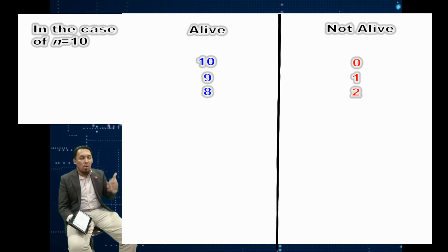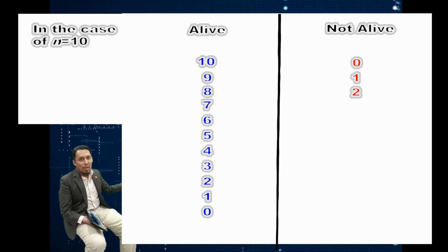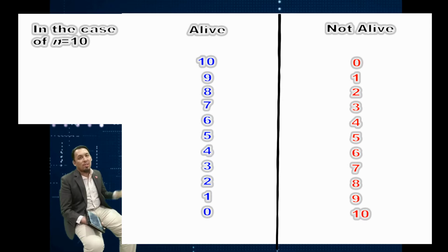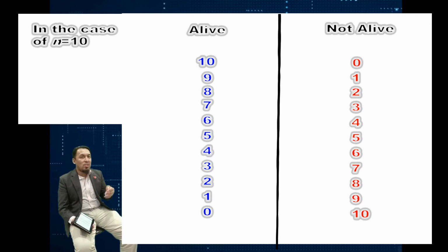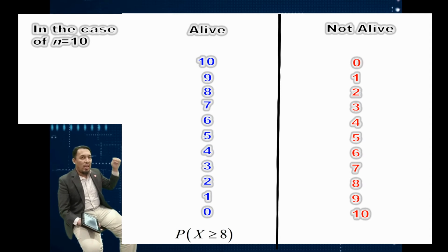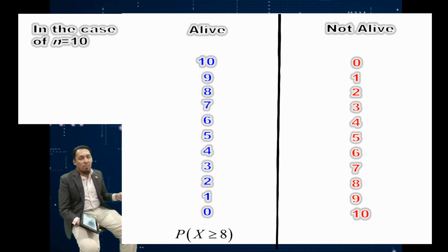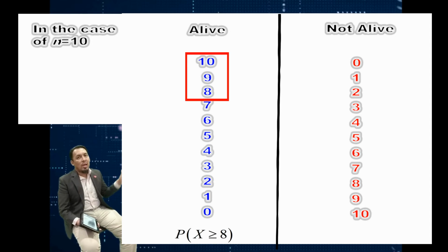And you can go on until if 0 alive, you will get 10 not alive. So by looking at that, in the case of at least 8 alive, in other words, what if 8, 9 and 10 alive? What is the probability of 8 people alive, 9 people alive, 10 people alive?